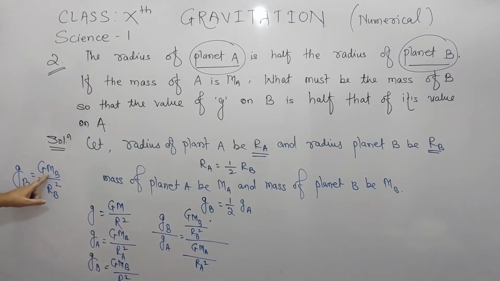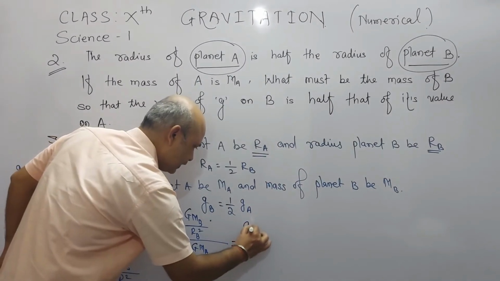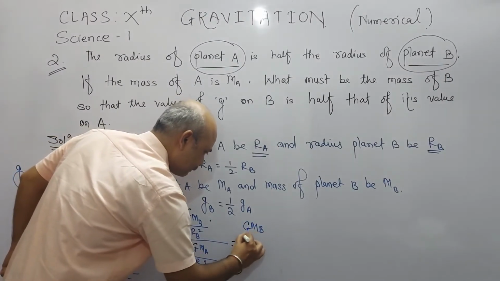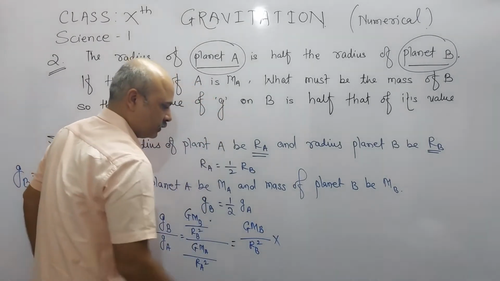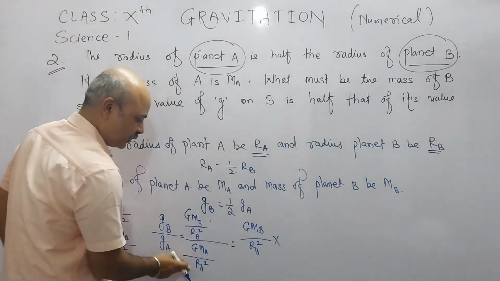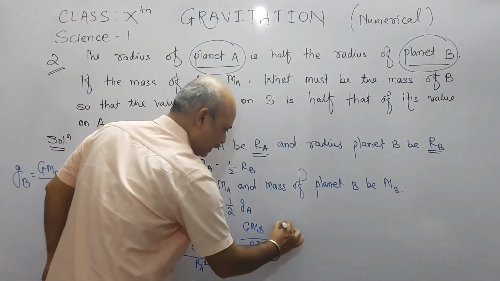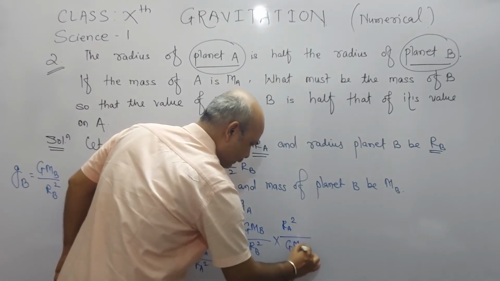GB is GMB upon RB square, and GA is GMA upon RA square. So this is equal to GMB upon RB square into RA square upon GMA.